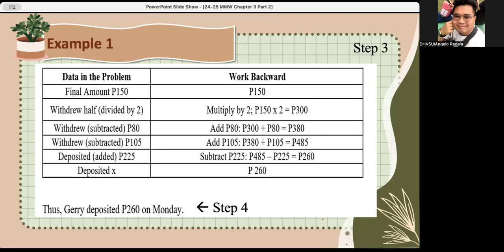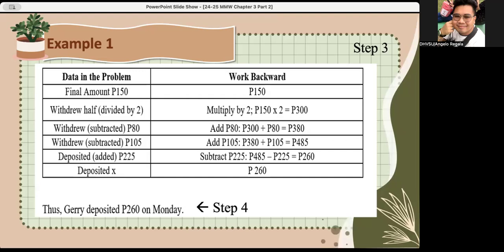So 380 plus 105 is 485 pesos. Then deposited, it means nag-add siya. Ang kabaliktaran nun is nag-withdraw, magsasubtract. So 485 minus 225 pesos is equal to 260 pesos. So yung dineposito ni Jerry nung Monday is 260 pesos.